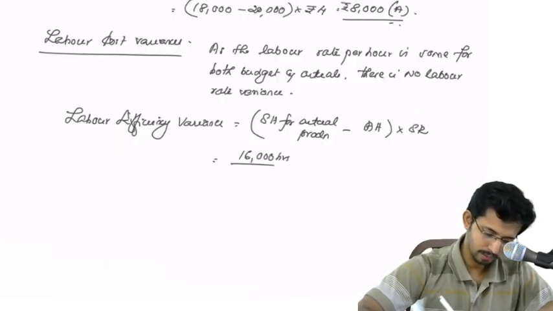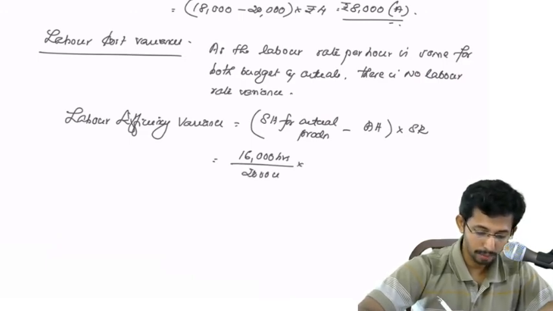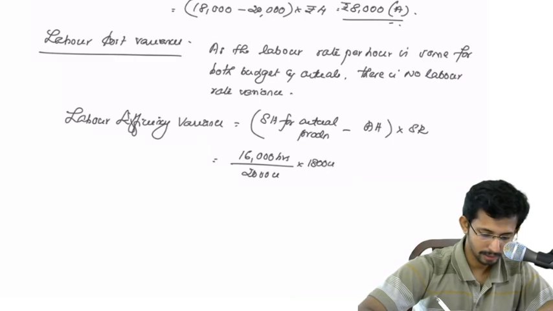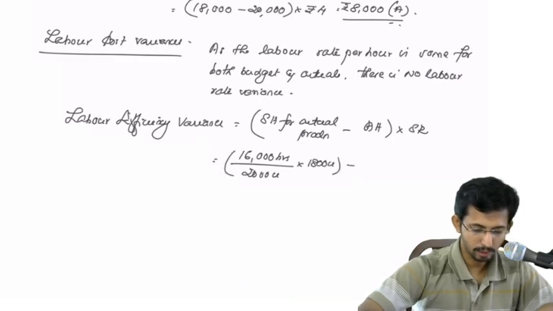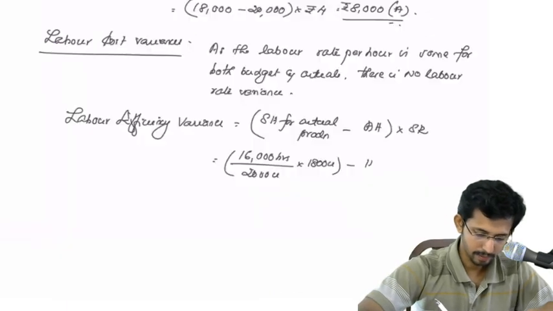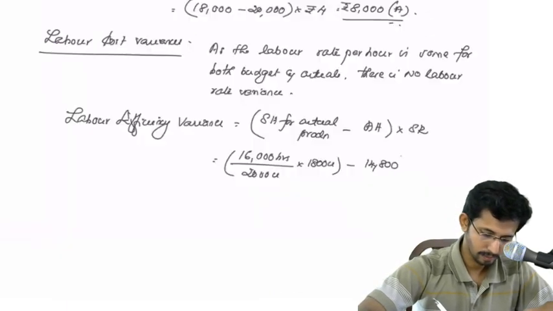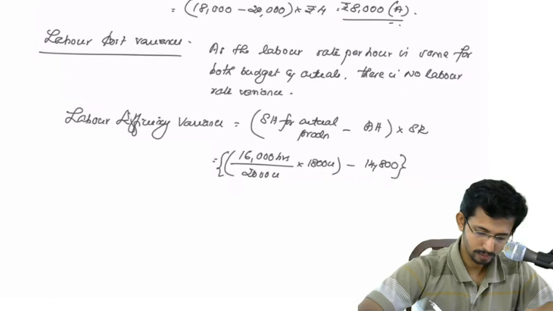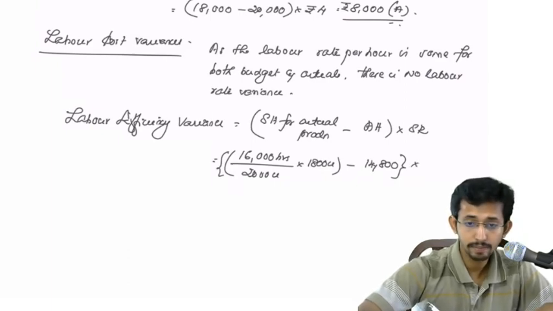How many units actually produced? 1,800 units. Minus what is actual hours? Actual hours is nothing but 14,800. What is SR? SR is 8.